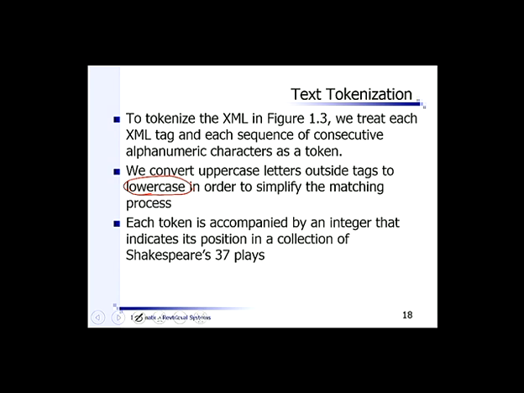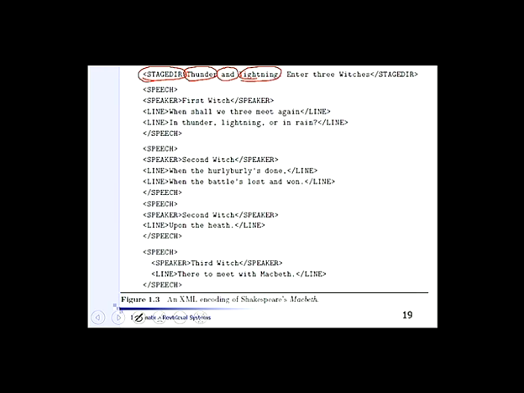And the next thing is each token is accompanied by an integer that indicates its position in a collection of Shakespeare's 37 plays. So if it is the first play of Shakespeare, then for this stage direction, its number is 1 in the entire collection.